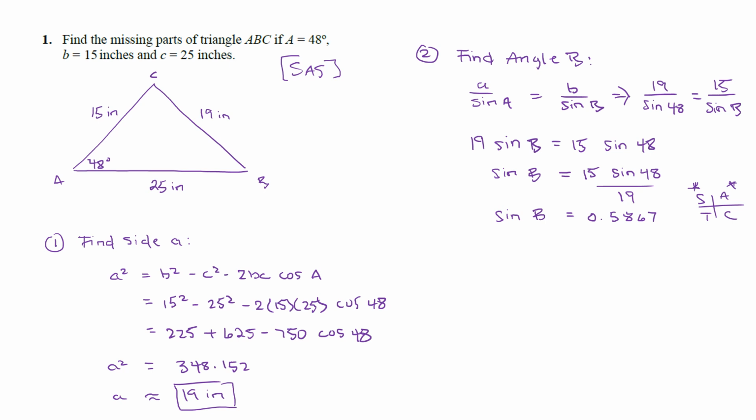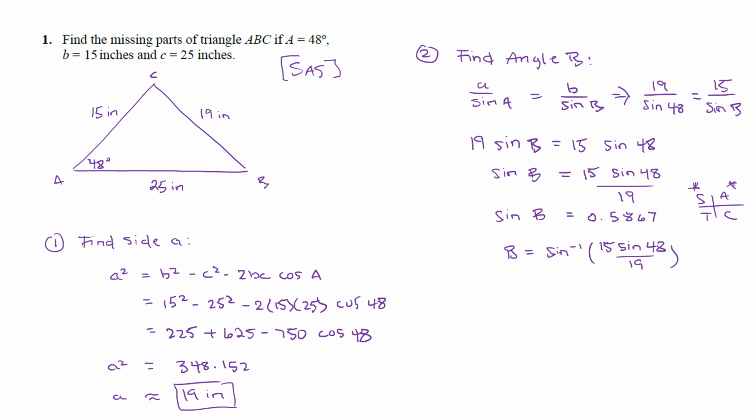Okay, so I'm going to need to find two different angles, one in quadrant 1 and one in quadrant 2, that'll give me a positive 0.5867. So we'll take the inverse sine of 15 sine 48 divided by 19. I want that whole value.